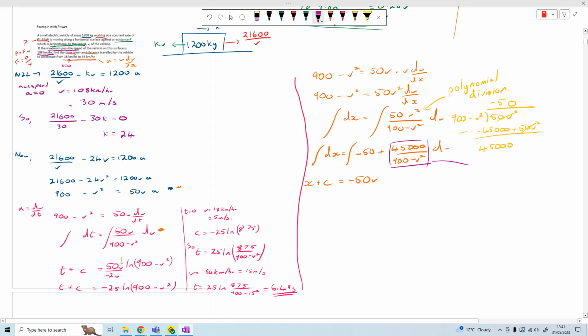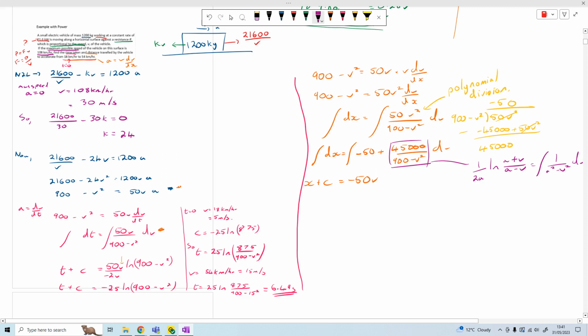However, this looks very, very similar to something in your formula booklets. So you have 1 over 2a ln of (a plus v) over (a minus v), when you're trying to integrate something in the form of 1 over a squared minus x squared, or v squared in this case.